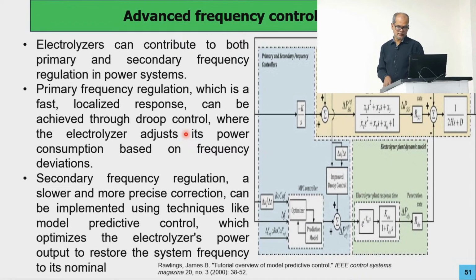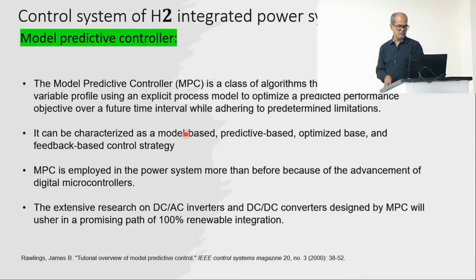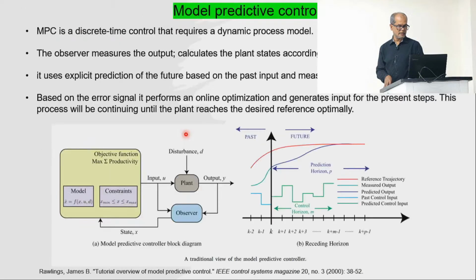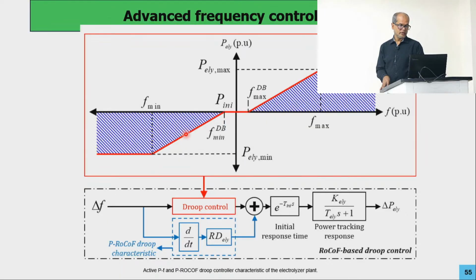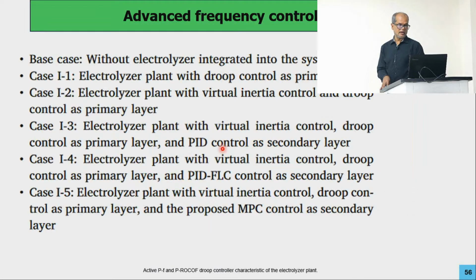I also had one example with an MPC controller, but I'll leave it for you to read and see. All the steps are also given. We also discussed it in the previous class, but it showed that in certain conditions the combination of droop control and MPC can actually provide better performance.